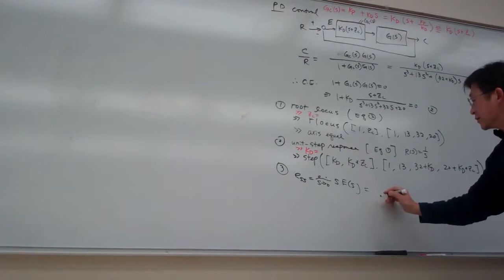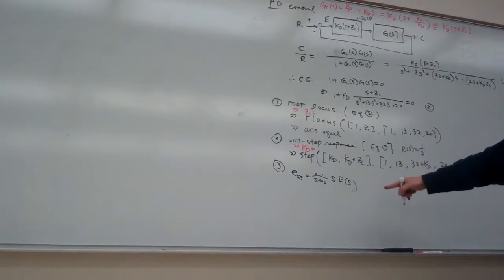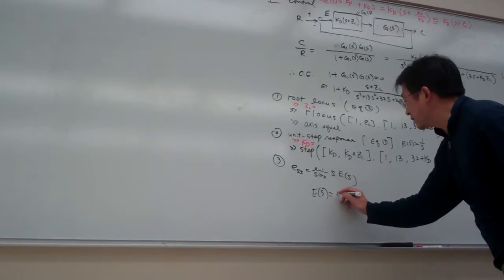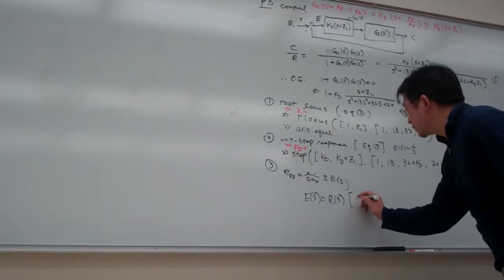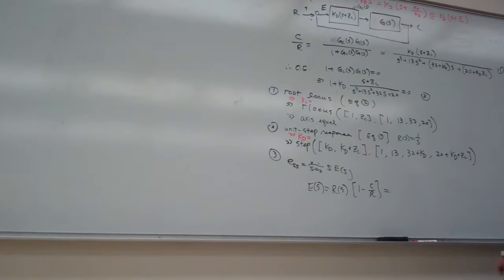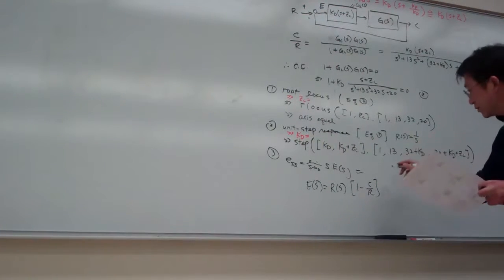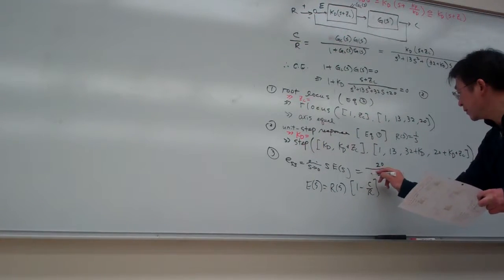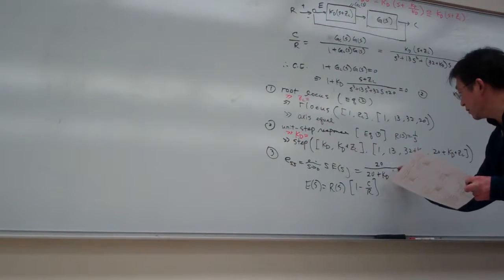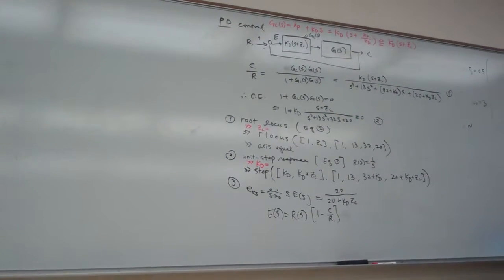In a similar way, E(s) is equal to the same format, R(s) times 1 minus C over R, and C over R is from equation 1. So we skip the detail. The ESS here simply is equal to 20 over 20 plus KD ZC. Okay, so we get everything ready here.